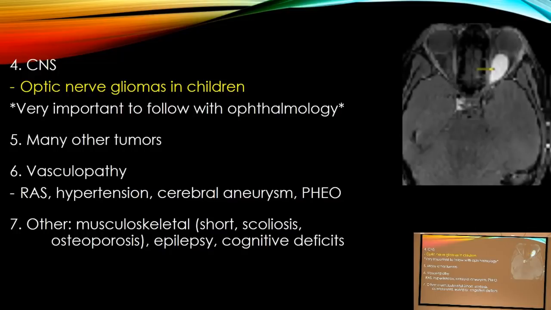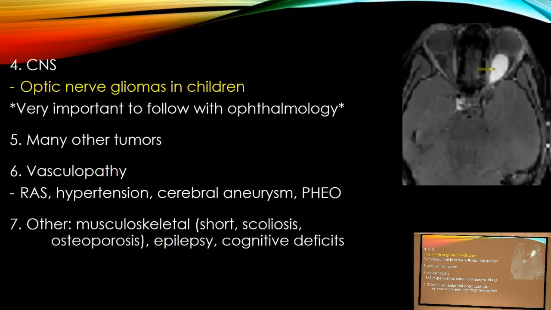All right, and so very important, once you've made a diagnosis of neurofibromatosis, they have to follow with an ophthalmologist. You want to do detailed screening. Some people would do routine screening MRI scans, but I think most do not, although that's one approach. At a minimum, regular follow-up with an ophthalmologist for early detection of any visual loss.